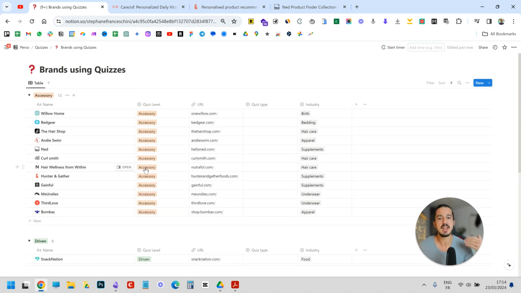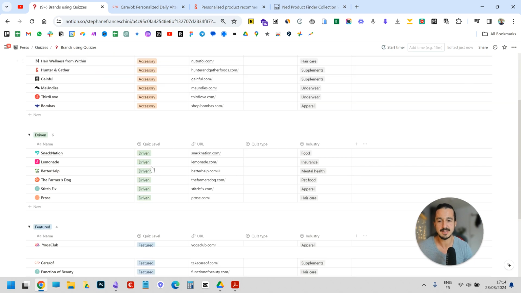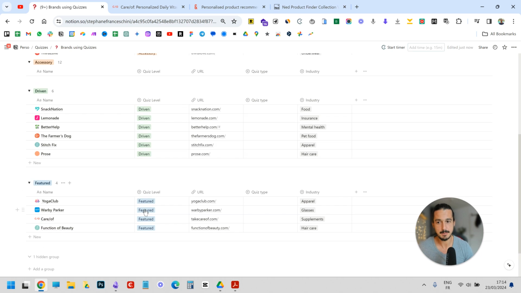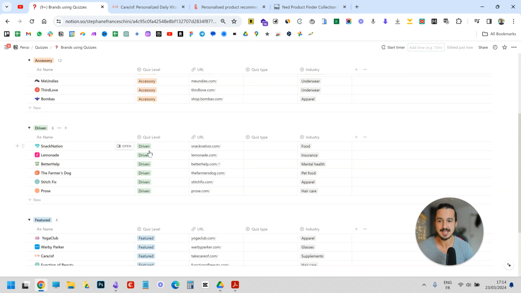They built it and then they let it sit on the website. And if someone wants to do it, they do it. Brands that are sure, they stay here. But brands that are killing it, they are here. They are quiz-driven website business models. And they are printing money.